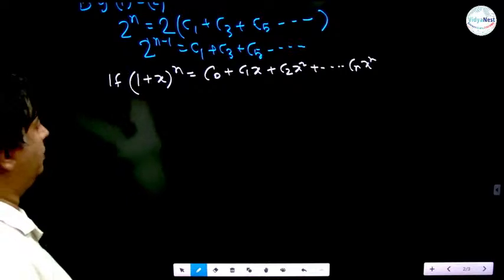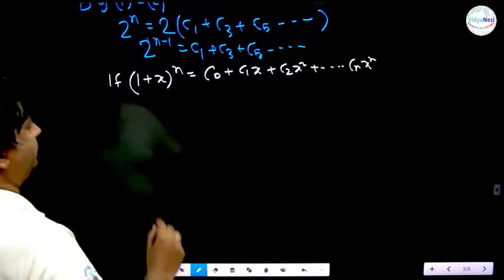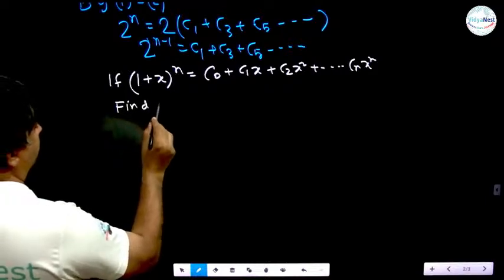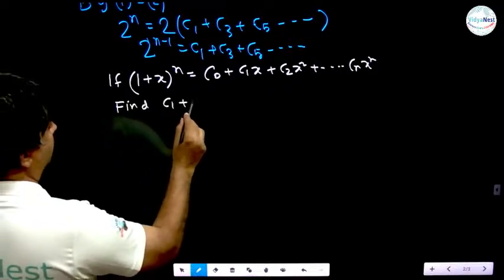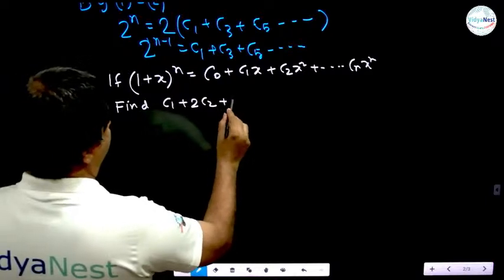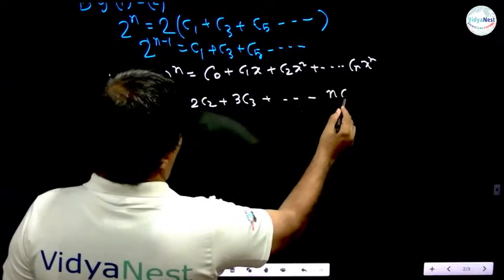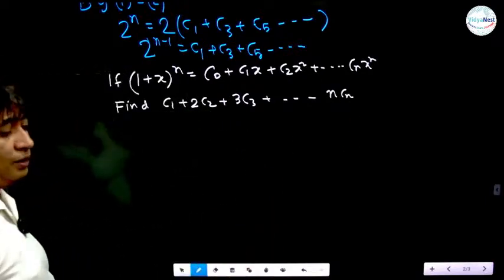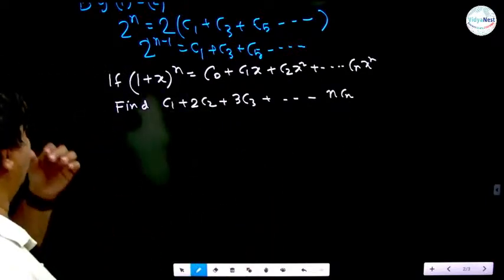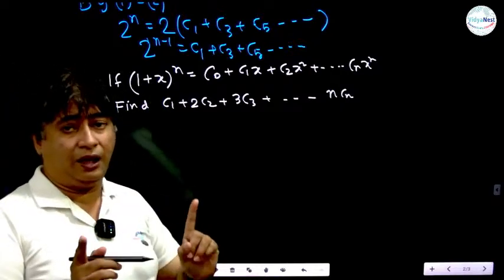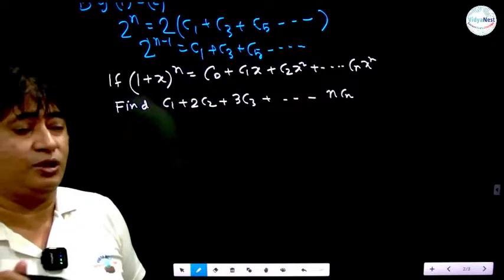Then you are told to find C1, 2C2, 3C3 up to nCn. You are told to find this, and this sum can be done in two ways, both the ways I am showing.